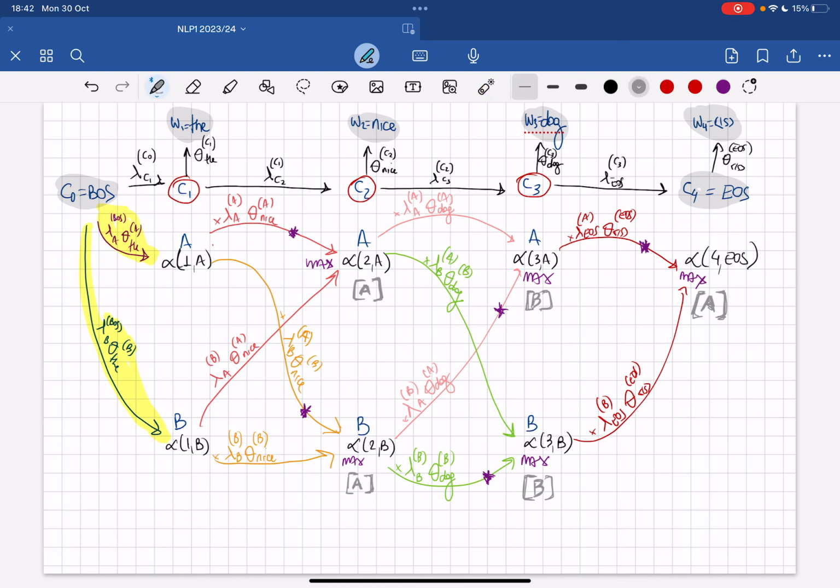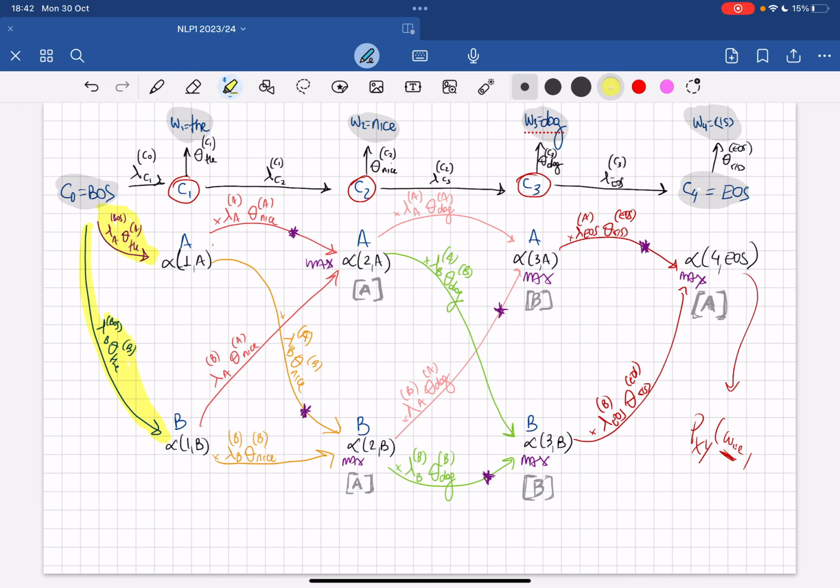Sorry, what I said earlier is incorrect. This is not the probability of the posterior mode, because to be a posterior, we have to normalize this by the marginal. Instead, this is a joint. So in here, we have the probability of generating the sequence, the nice dog, and a specific tag sequence, which we can reconstruct here.